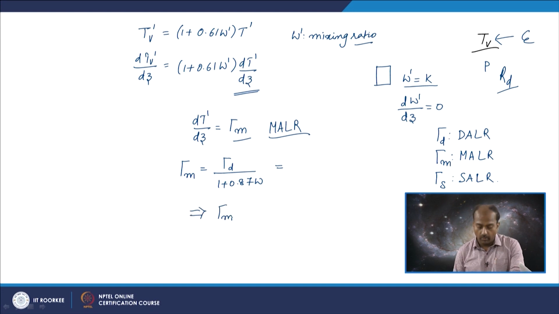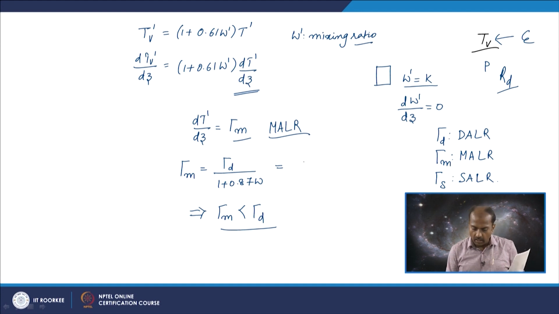Here we have already discussed that gamma m will be less than gamma d. Why is it so? Because the possibility of moisture will bring along the possibility of saturation, and saturation will have some amount of latent heat release. This latent heat release into the air parcel will decrease the rate at which temperature decreases with respect to height. Hence, gamma m is less than gamma d.